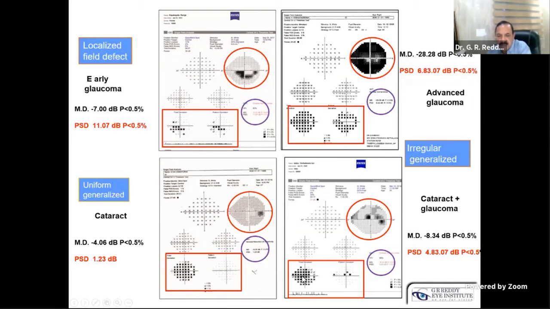You see a generalized depression, and still the grayscale is looking very healthy because the loss is only 8 dB, and we are appreciating a localized scotoma in a generalized depression. So a localized scotoma in a generalized depression, or a cataract associated with glaucoma, will have this type of printout, and advanced glaucoma will have this type of printout.